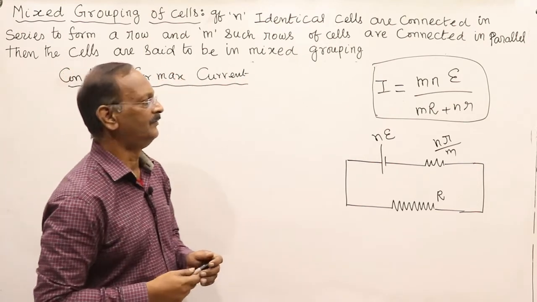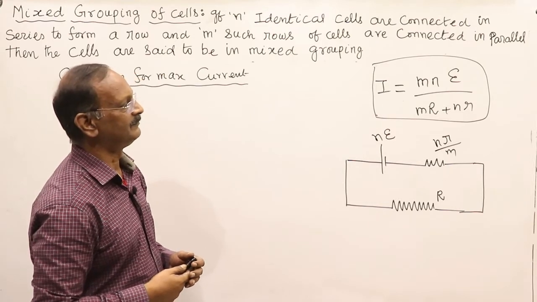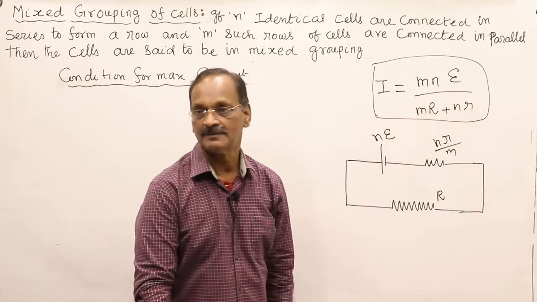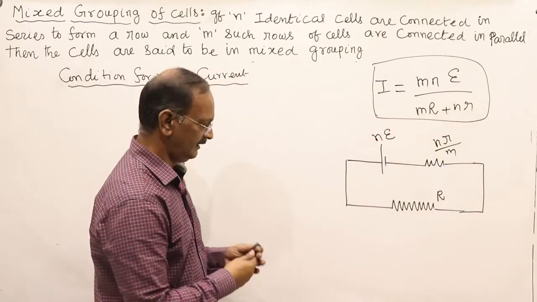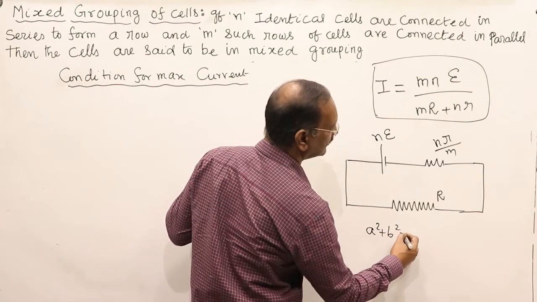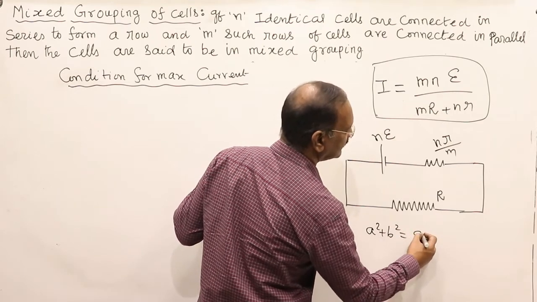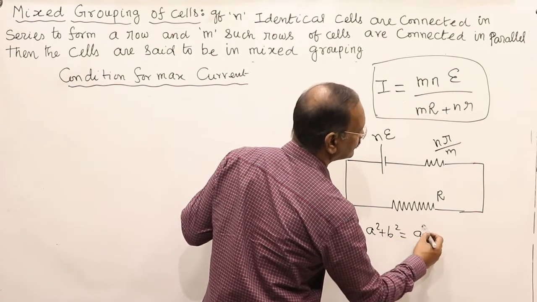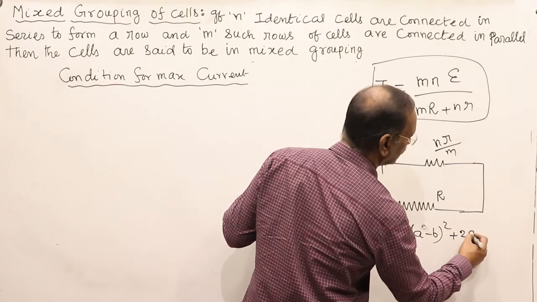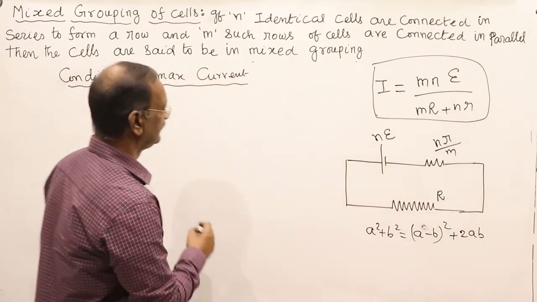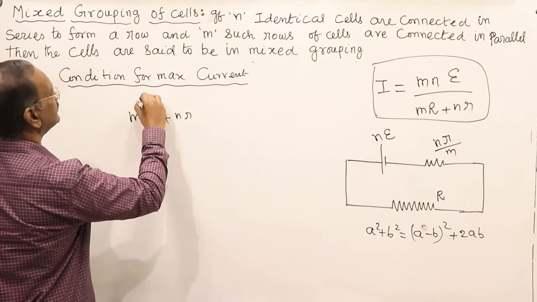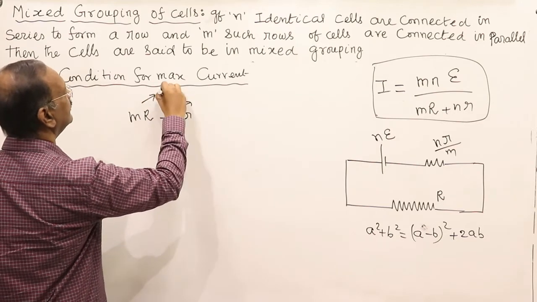It means the denominator should be as minimum as possible. See, you already know a square plus b square can be written as a minus b whole square plus 2ab. The same is the condition here: mR plus nr, where this we consider as a and this is b.